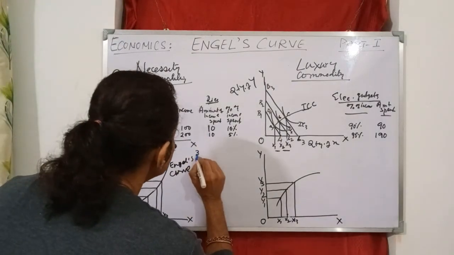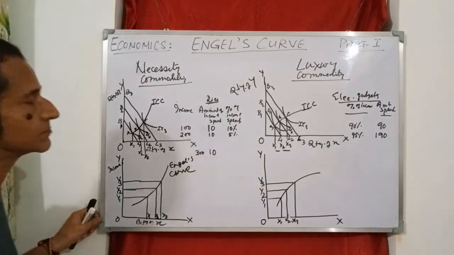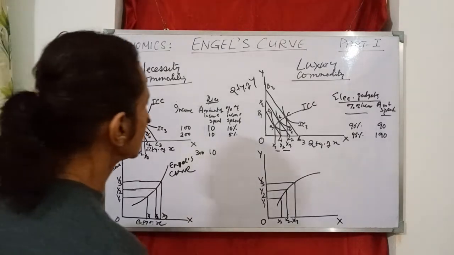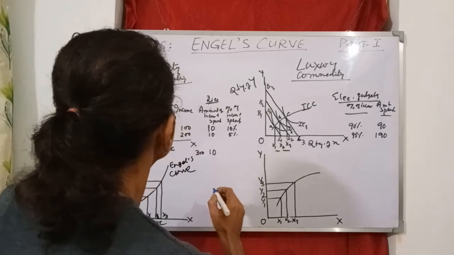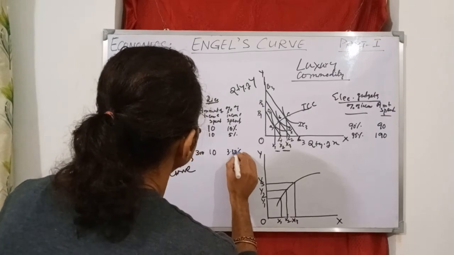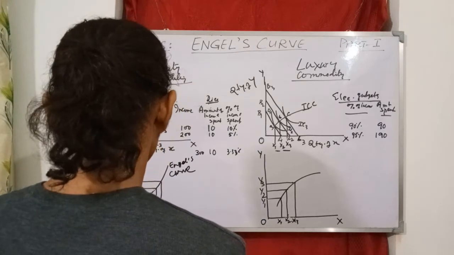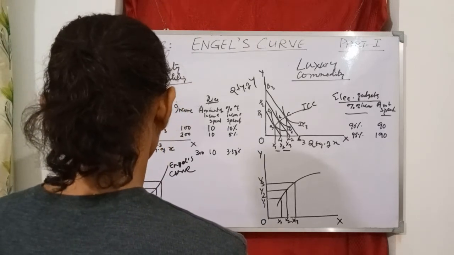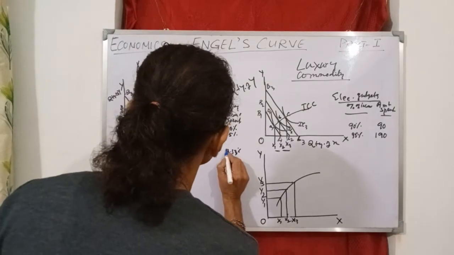Again, suppose his income increases to 300. He spends the same amount, 10. So what will be his percentage? This will be 3.33, something like that. Let me use the calculator. Yeah, 3.33%.